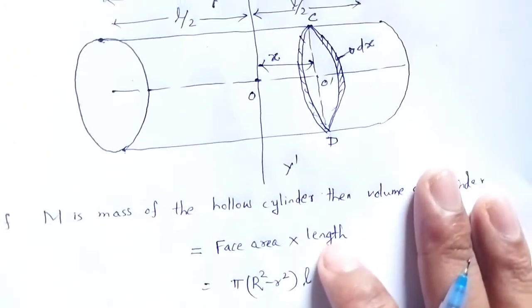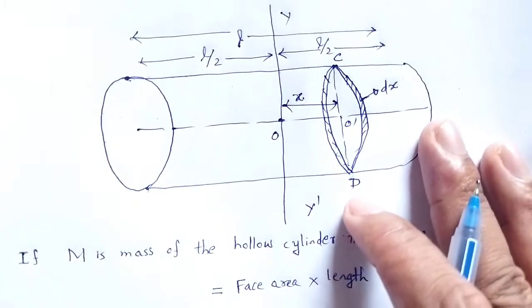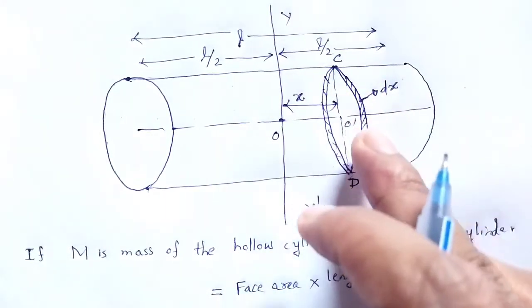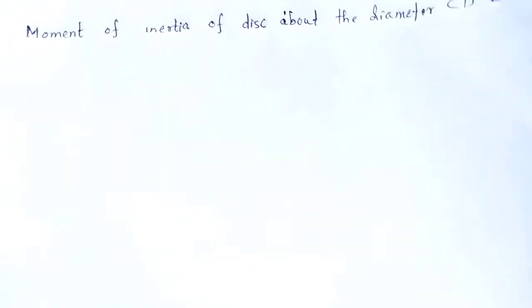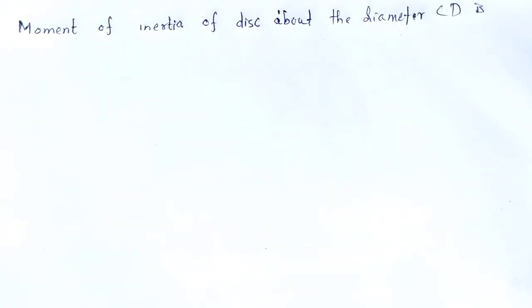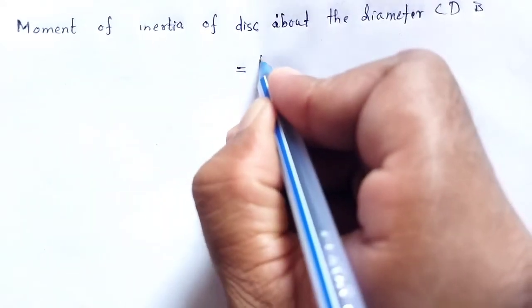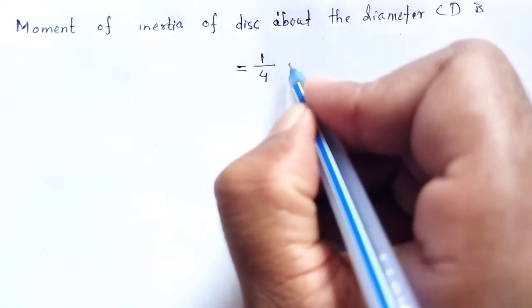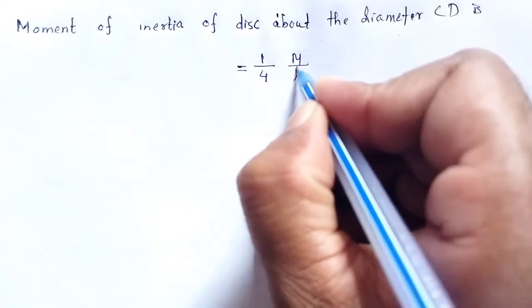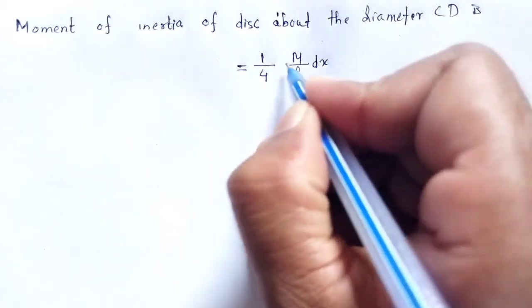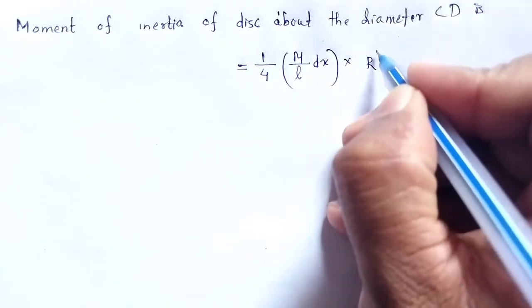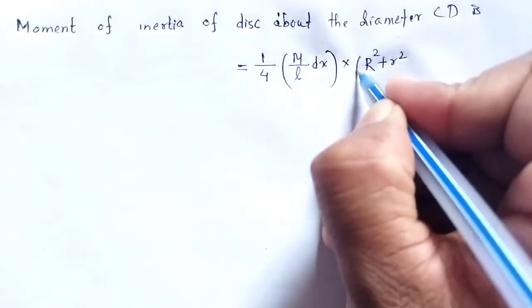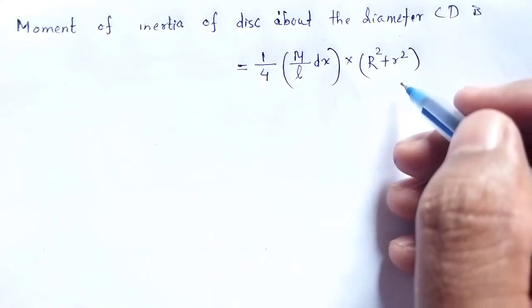Now we calculate the moment of inertia of the disc about the diameter CD, which is equal to 1/4 (m by L) dx into (R square plus r square).